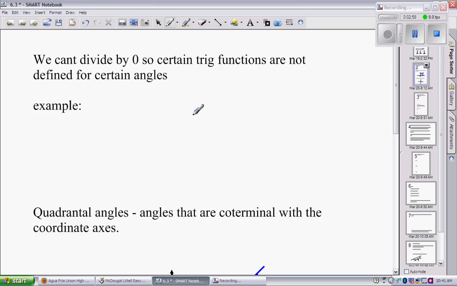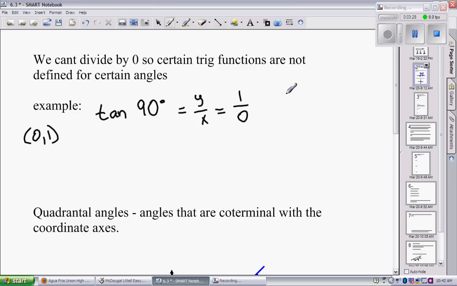So for example, tangent of 90 degrees. 90 degrees on the unit circle is the point (0, 1). You would want y over x, so it goes to 1 over 0.